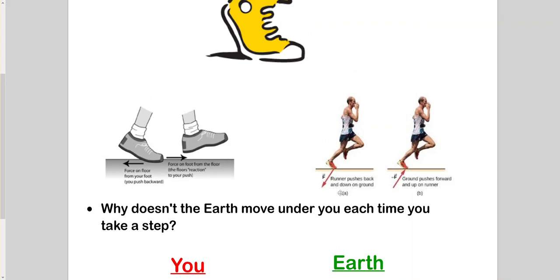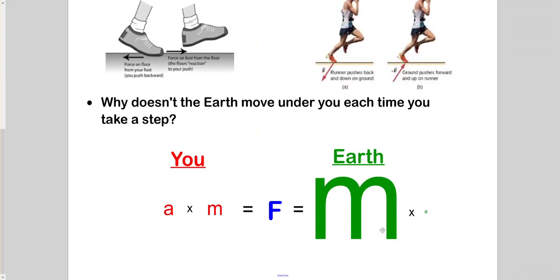Well, if we go back to Newton's first law, we know that the earth has far more inertia or mass, right? So if this reaction and action force are equal, when I step, I apply 50 newtons of force to the ground, and the ground applies 50 newtons of force to me. So this is 50 newtons.